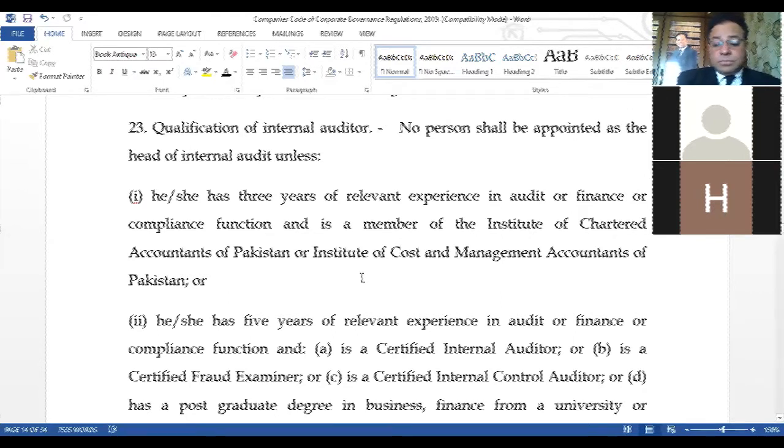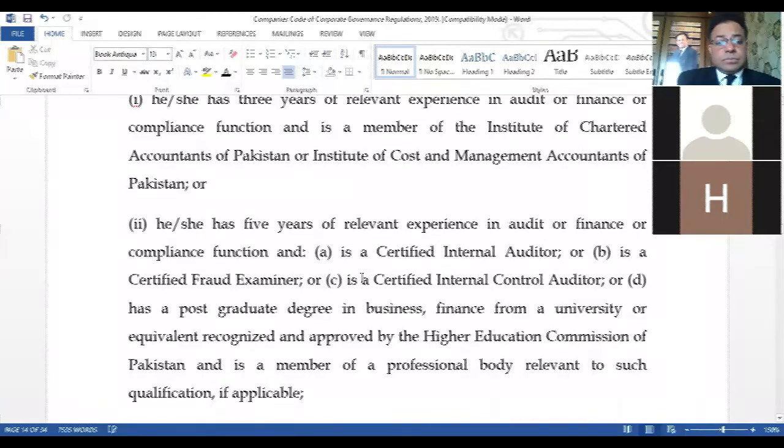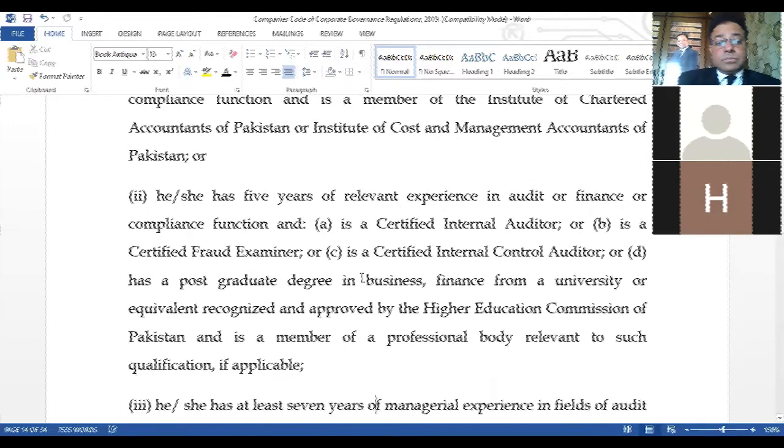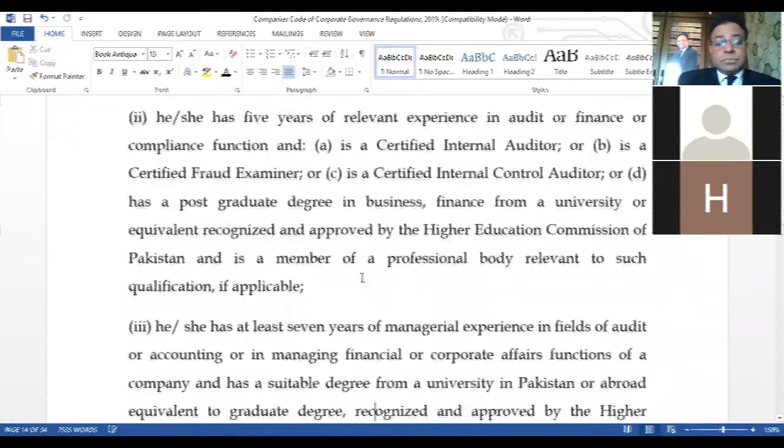Or second, he or she has 5 years of relevant experience in audit or finance or compliance function, and A is a certified internal auditor, or B is a certified fraud examiner, or C is a certified internal control auditor, or D has a postgraduate degree in business or finance from a university or equivalent recognized and approved by the Higher Education Commission of Pakistan, and is a member of a professional body relevant to such qualification if applicable.